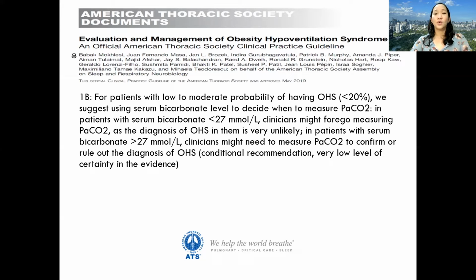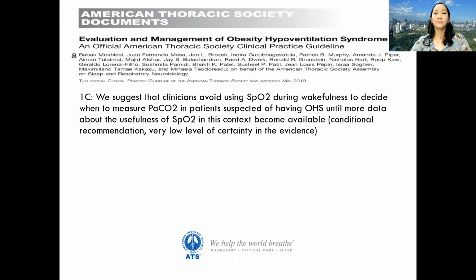However, in patients who have low to moderate probability of having OHS, you can use the serum bicarbonate, in which if the level is less than 27, the clinician might forego measuring PCO2. However, if the level is more than 27, you should confirm by doing arterial blood gas. And they did not recommend using oxygen saturation to decide whether these patients have OHS or not.